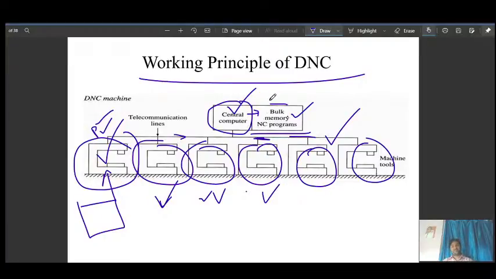All the data can be stored and accessed here. So it utilizes the database that we get from connecting all the computers to a memory or storage.